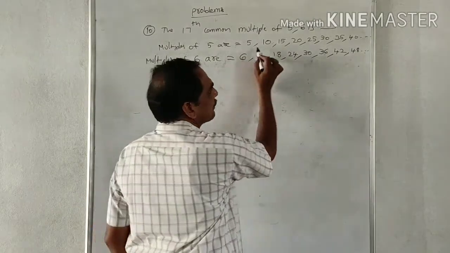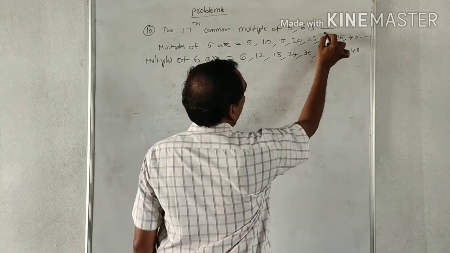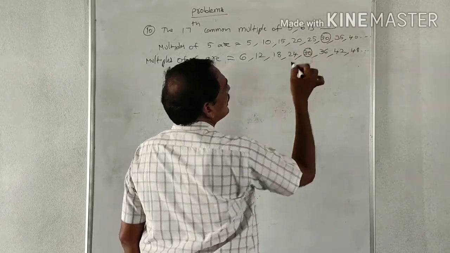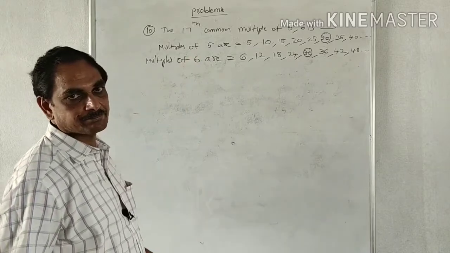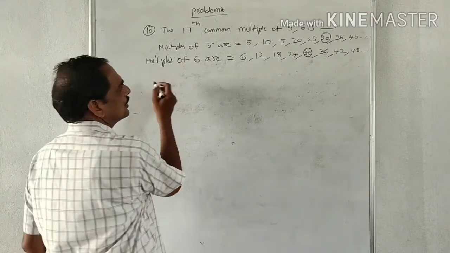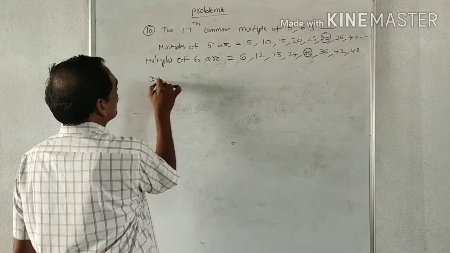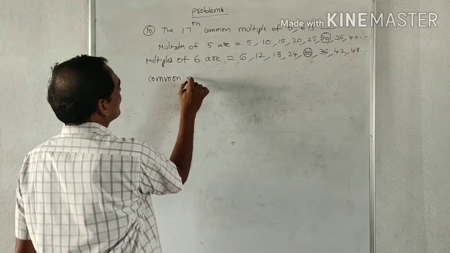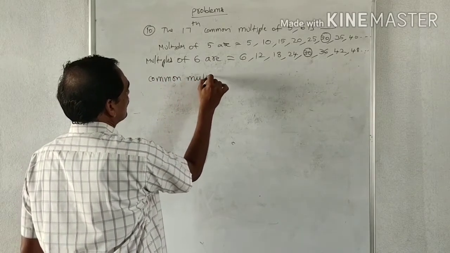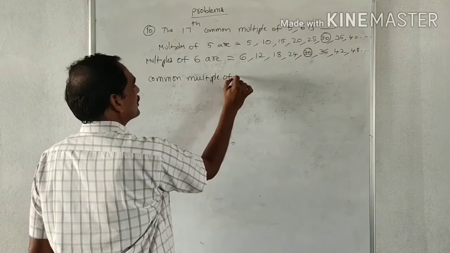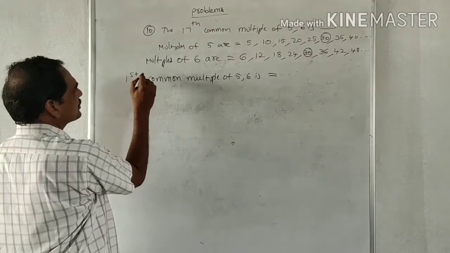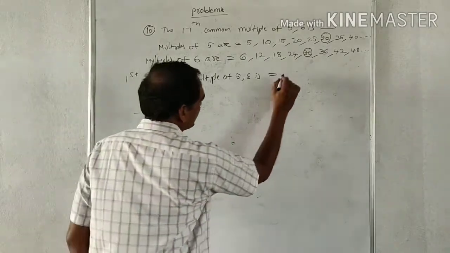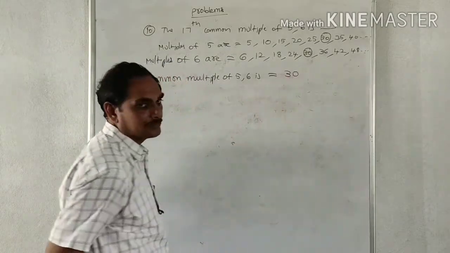By observing these numbers, we can easily find that 30 is the first common multiple of 5 comma 6.